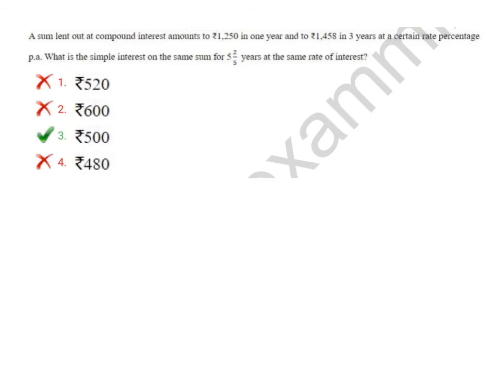So next one. A sum lent out at compound interest amounts to 1250 in 1 year and 1458 in 3 years. So the amount, if you wait for 2 years, becomes 1 plus r by 100 whole square, it becomes 1458 by 1250.